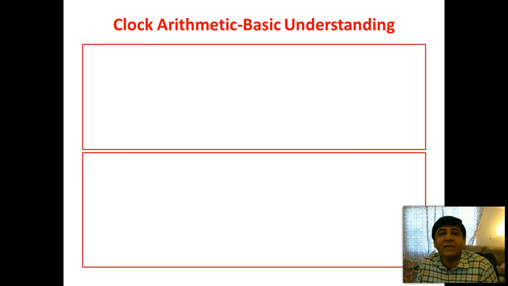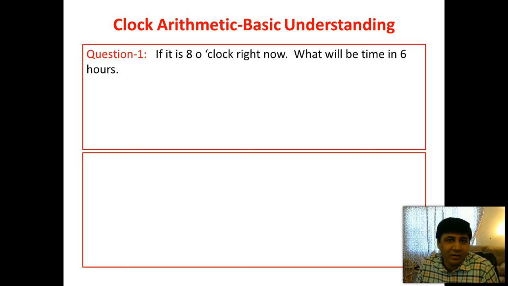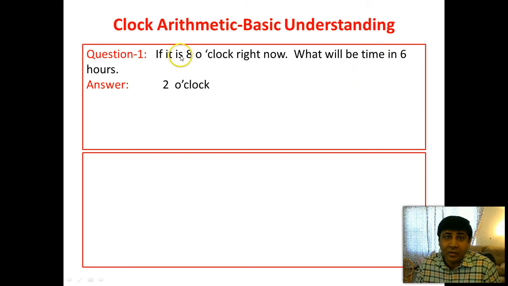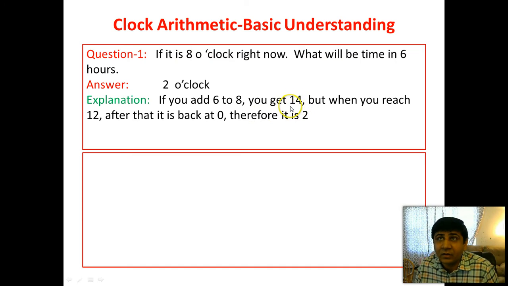Just to develop a basic understanding, let me put some simple questions here. Suppose it is 8 o'clock right now. What will be the time in 6 hours? The answer is 2 o'clock. How do you know that? If you just add 8 to 6, it will give us 14.